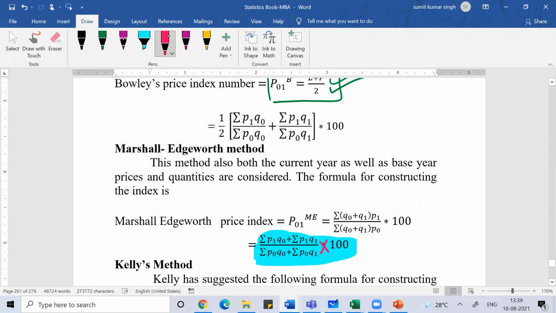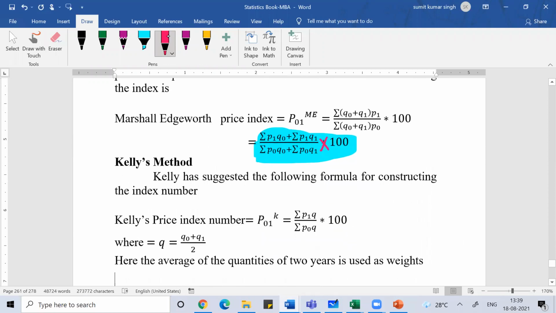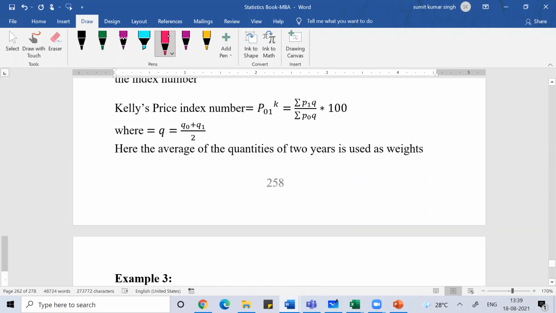Kelly has suggested the following formula for the construction of index number: sum of P1 Q divided by sum of P naught Q, into 100, where Q is Q naught plus Q1 by 2.